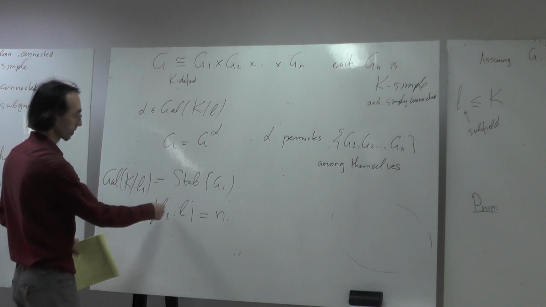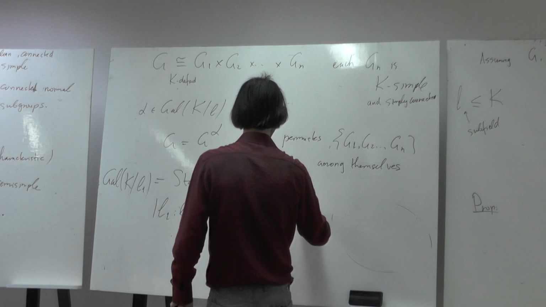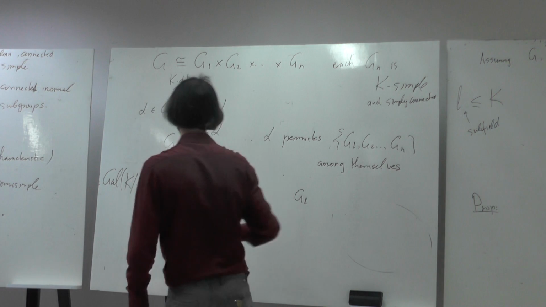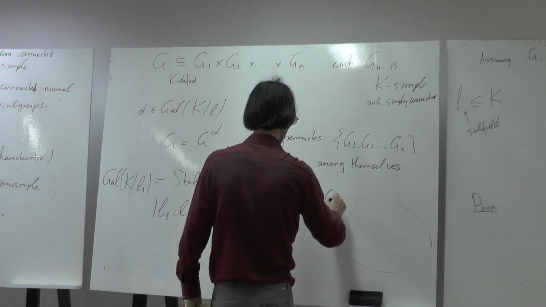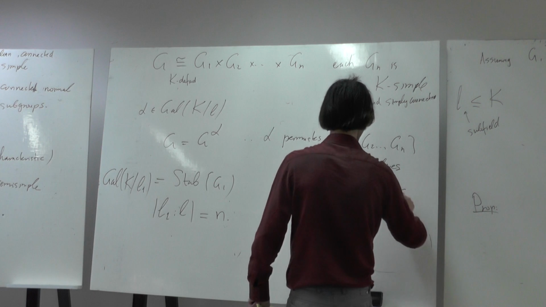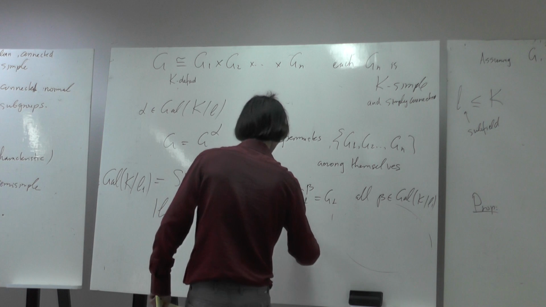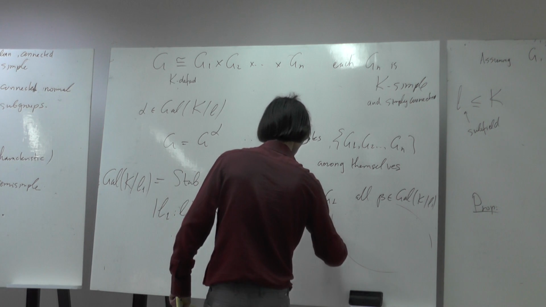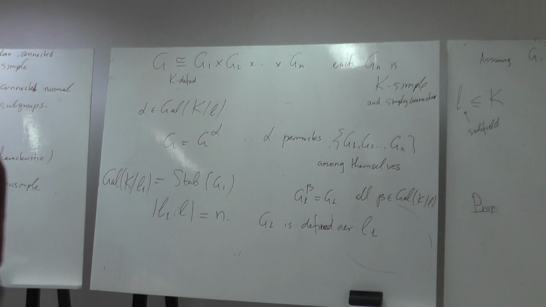And then, by definition, this G1 is invariant under all the elements beta in the Galois group of K over L1. So actually G1 is defined over L1. So even though this is an absolutely simple group, it is defined over a finite extension of my field L.